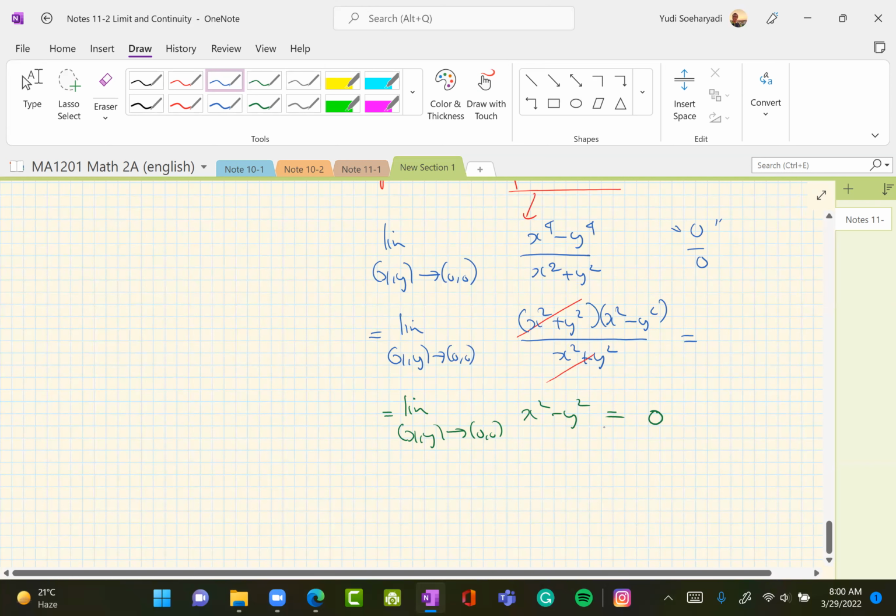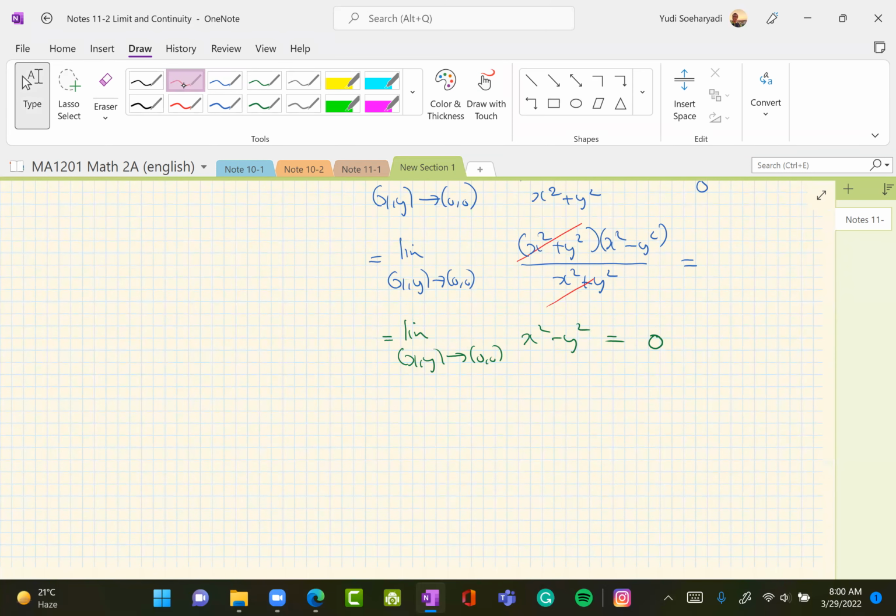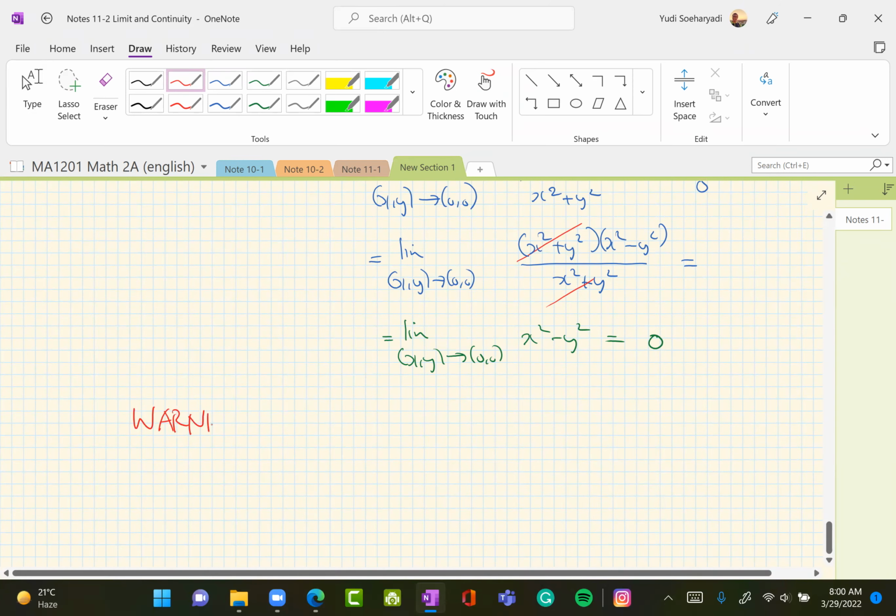But now I should warn you, because this is a common mistake. There is no version of L'Hopital's rule for limits of two or more variables.